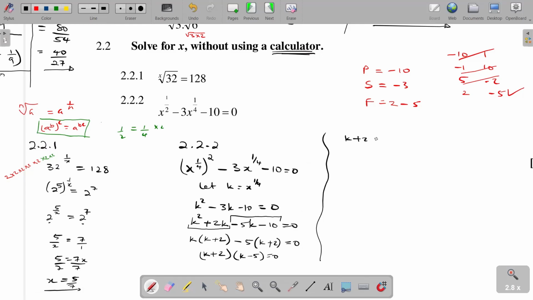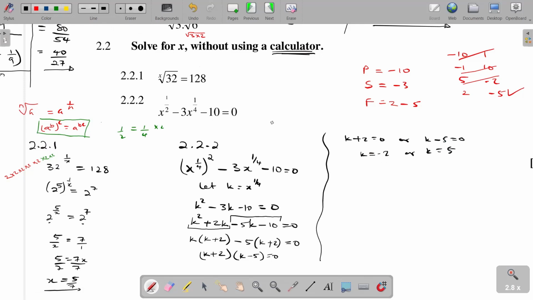So k plus 2 equal to 0, or k minus 5 equal to 0. It's k minus 5, not k. So k is equal to minus 2, or k is equal to 5.